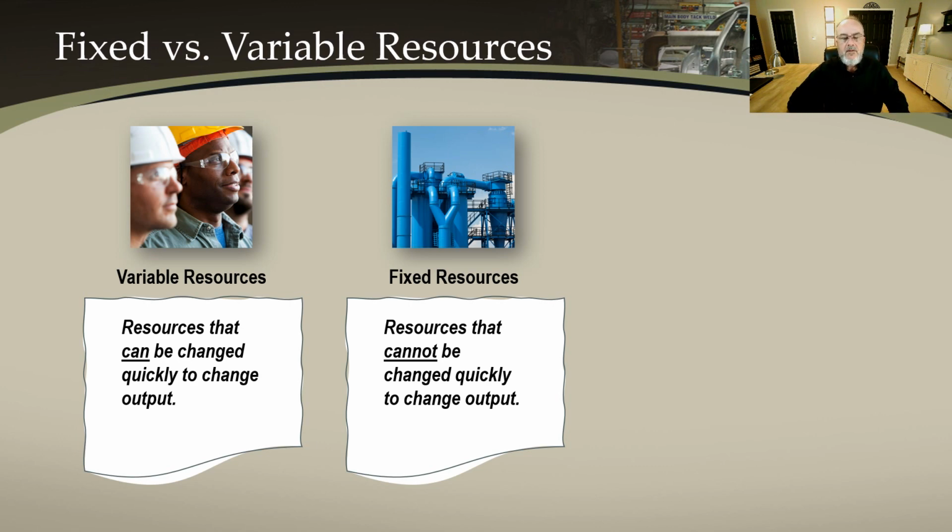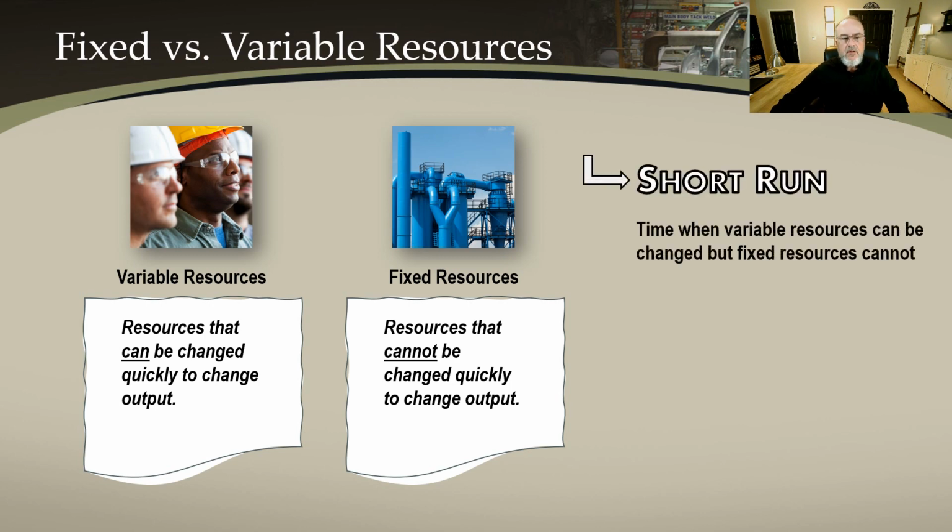All right? And the short run and the long run in economics are based on these two ideas. The short run isn't a specific amount of time. It's not 3 months or 6 months or 1 week or 2 weeks. It's basically whatever time I need to change my variable resources. So in the short run, I can change variable resources, but I can't change fixed resources.